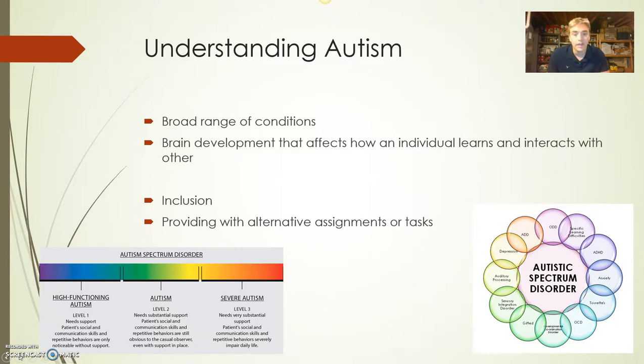Autism affects how an individual learns and interacts with others. So I think one of the best ways to work with them is to include them. They learn really well with their typical peers, and also providing them with alternative assignments or tasks, as I said for students with learning disabilities, such as yes-no questions, word bank questions, and having them watch videos.